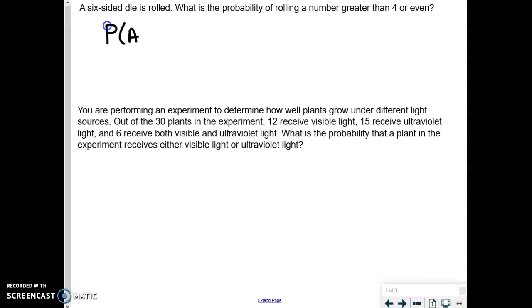The probability of A or B: A would be a number that's greater than 4. Well, there's 2 of those, so it's 2 out of 6, and that's the probability of A. Plus a number that's even. In this case, there are 3 even numbers on a die, 2, 4, and 6. And that's the probability of B.